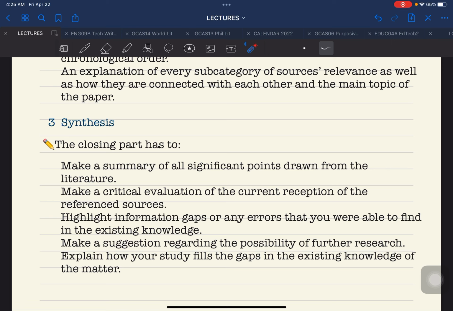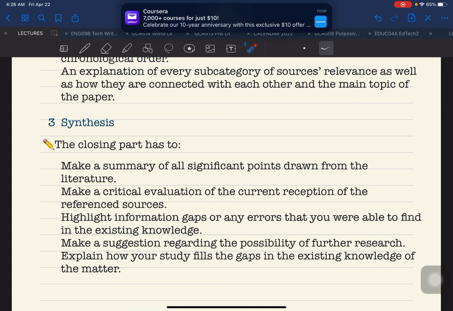Try to cite the similarities of your study with the literature that you are using so you can establish what we are discussing on this particular part, the critical evaluation of the current reception of the reference sources. So confirming that this particular source really agrees with the study that you are conducting.